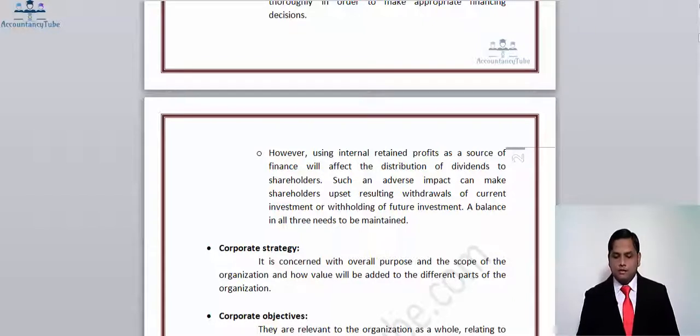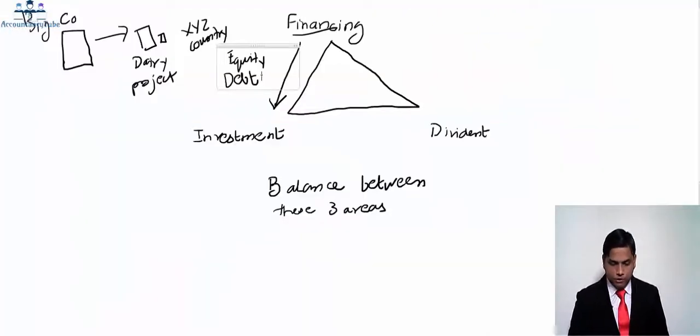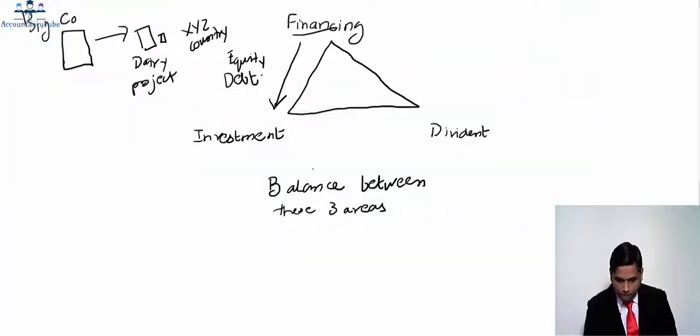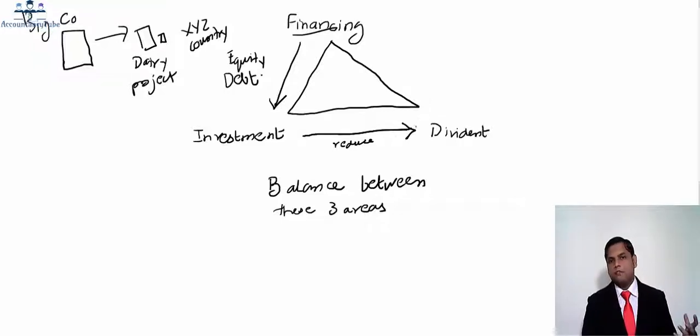From this link, you can clearly establish that there will be negative consequences if the company decides to finance this project via equity. It's obvious that the dividends will be reduced. There will be less cash available for the company to give in the form of dividends to shareholders.